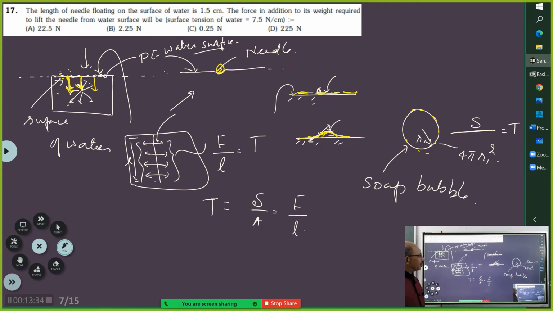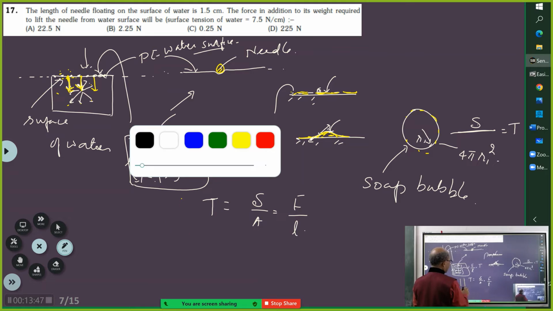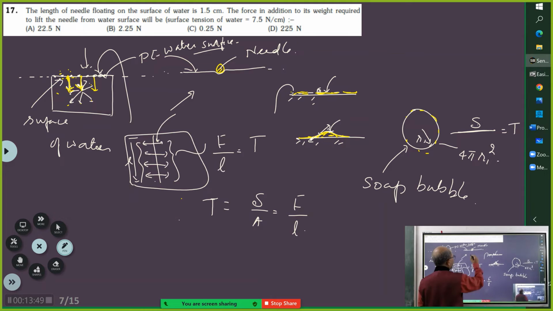Surface tension vectors are along the curves like this. So you can very well tell me, sir. Draw a line like this. Correct? Yes, sir. Then why didn't you tell if you know this, right?